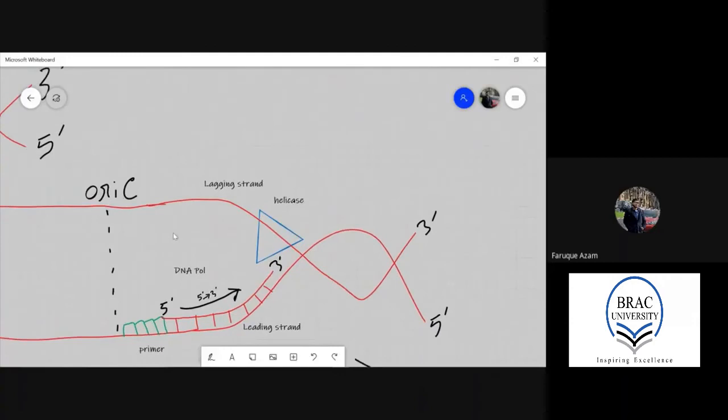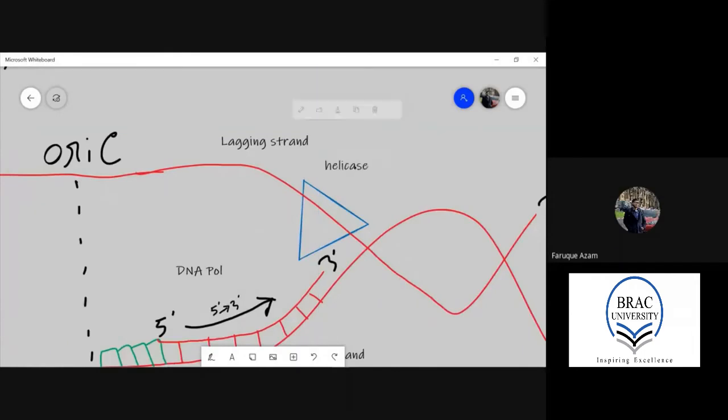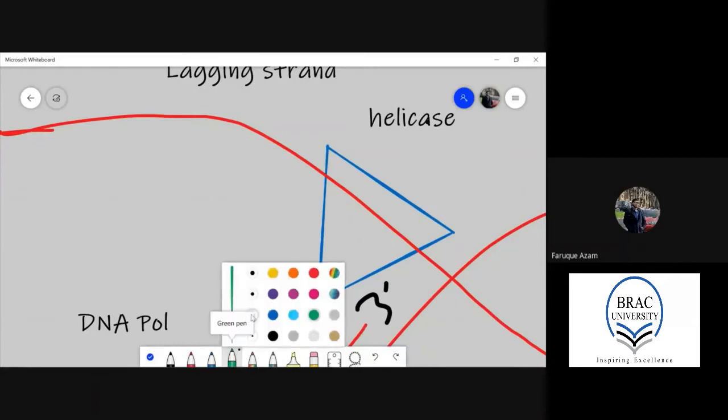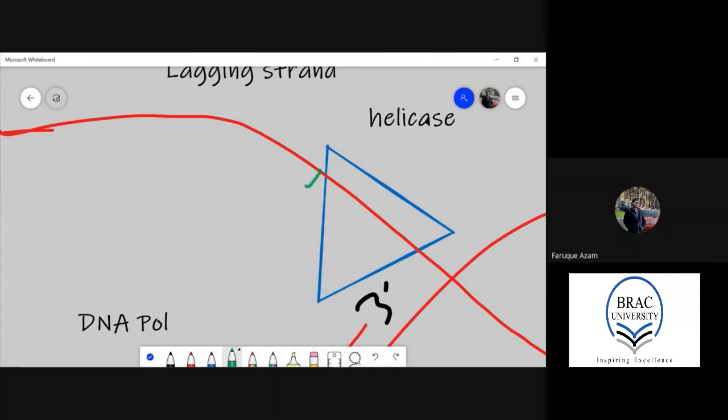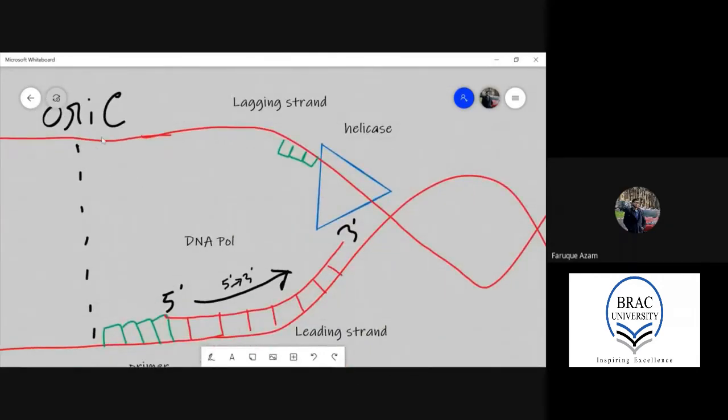Like here, the primer has been attached, because unlike the other strand, the primer cannot be attached here as it cannot go rightward.